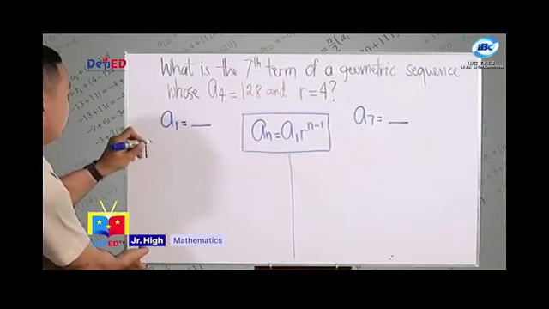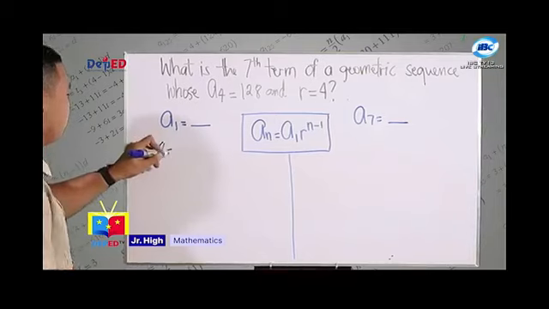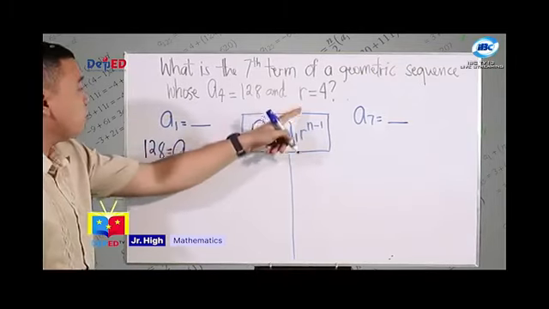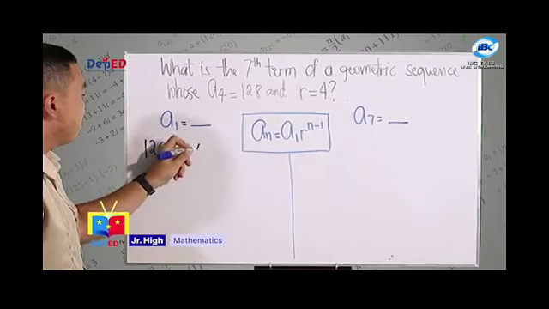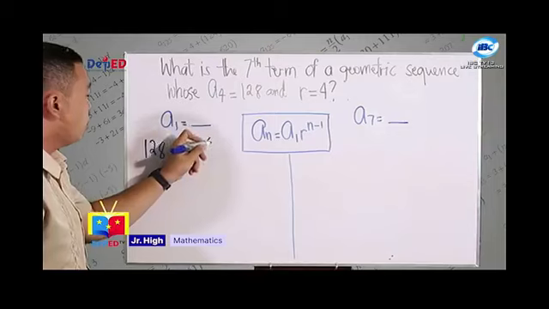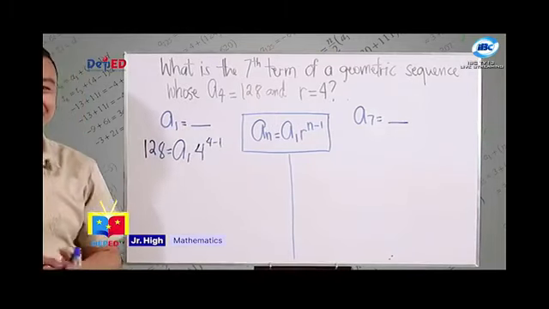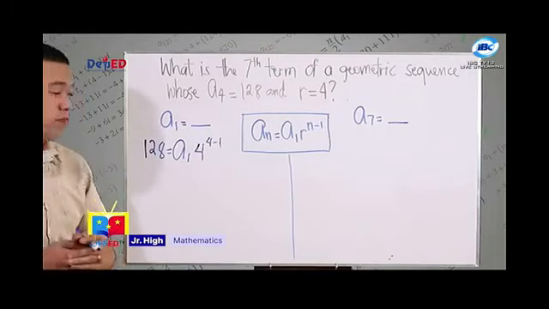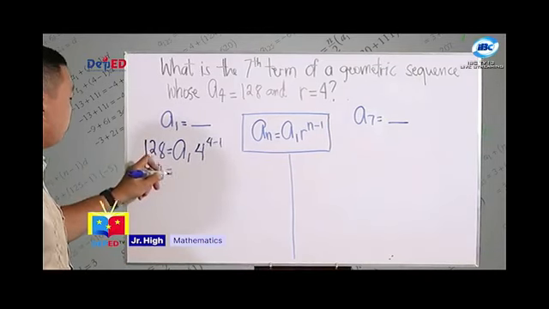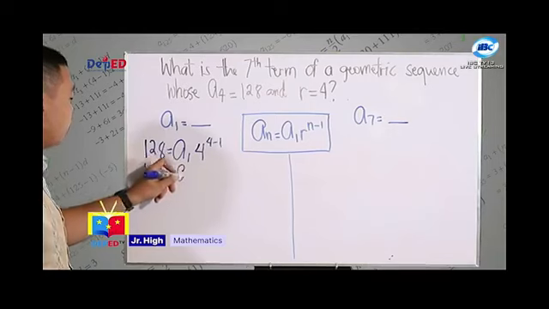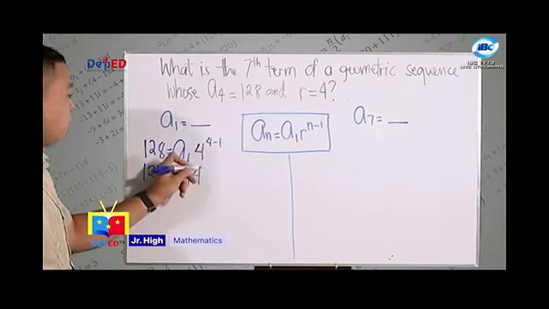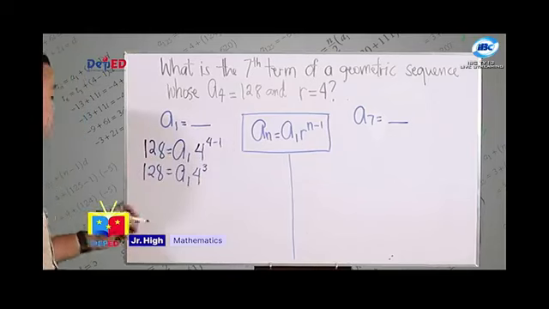We will have 128 is equal to a sub 1 times the ratio, which is 4, raised to our n, which is also 4, minus 1. Then, we have 128 is equal to a sub 1 times 4, and 4 minus 1 will give us 3.